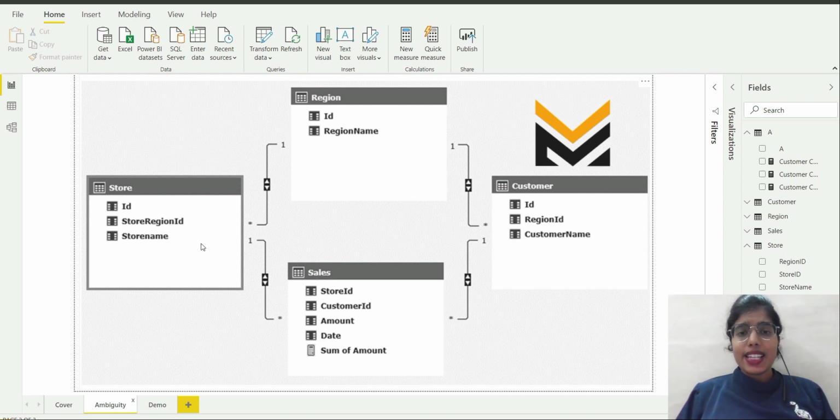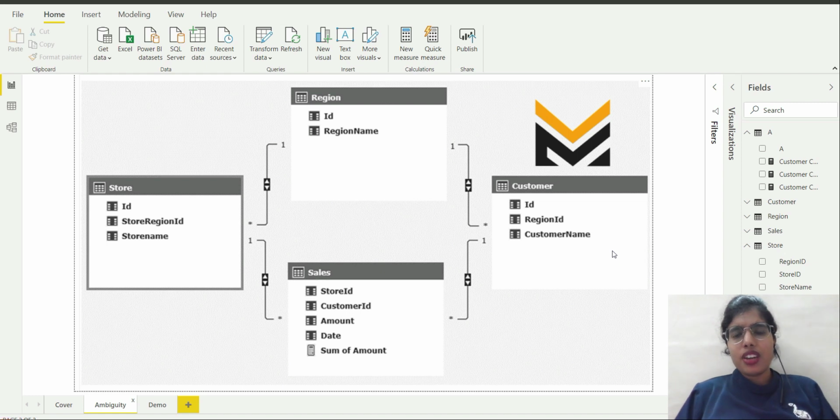In this case, I have multiple options to travel to the customer table from the store table. I can go from store to region to customer. This is the first filter propagation path. The second filter propagation path is, of course, from store to sales to customer.